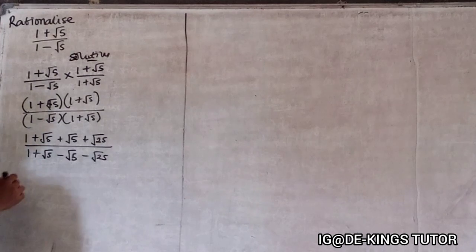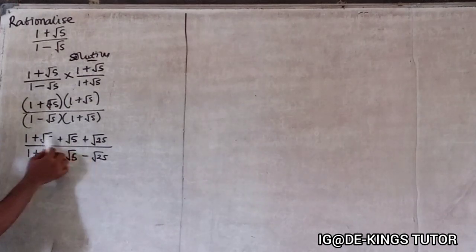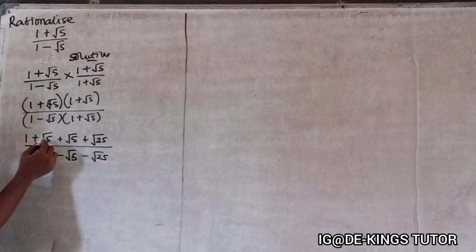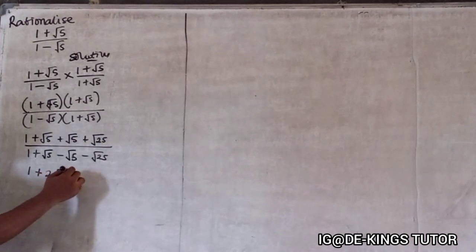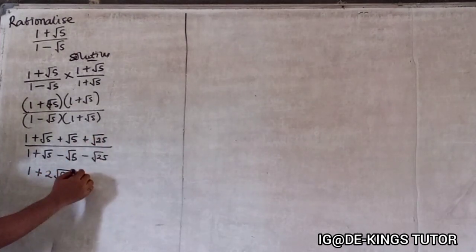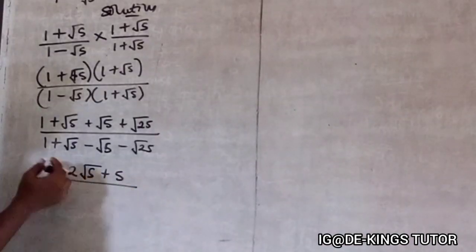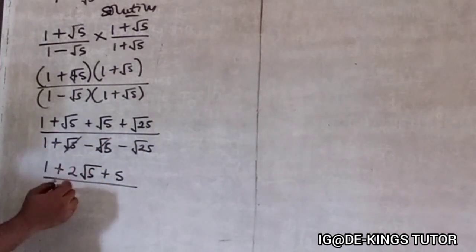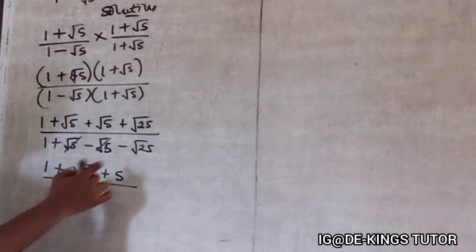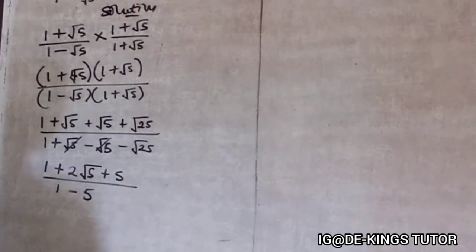So we will simplify further. We have 1 plus, and there's an invisible one here. Okay. So this will give us 2 root 5 plus, this is what? 5. Right? Whereby, now this will cancel each other. So we now have 1 minus 5. Okay.